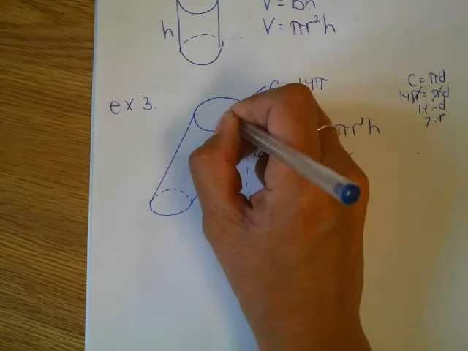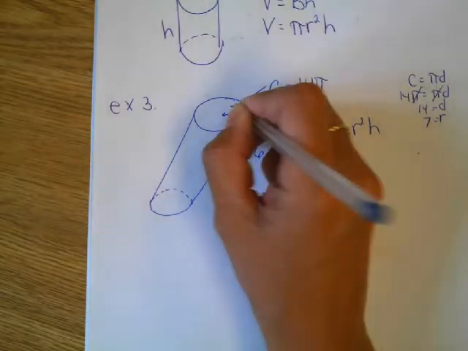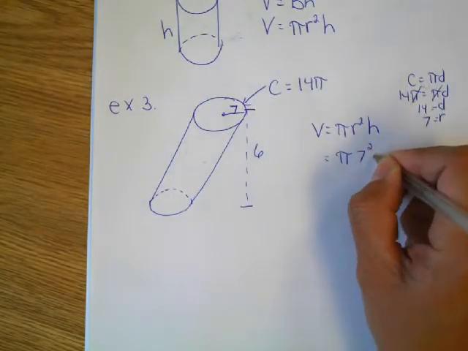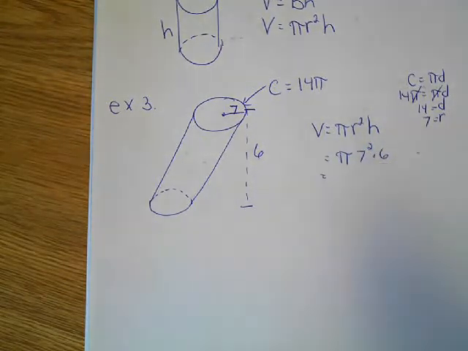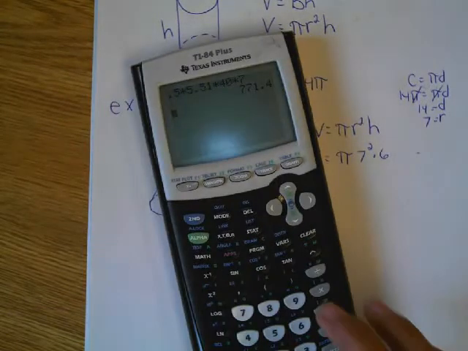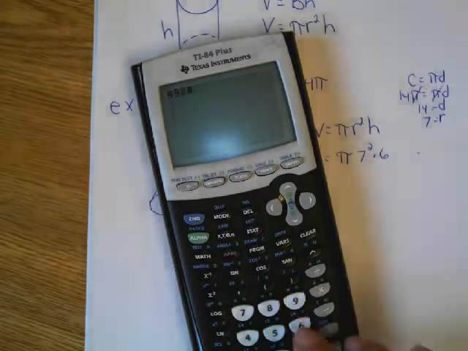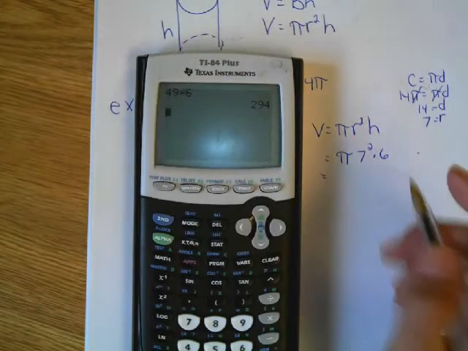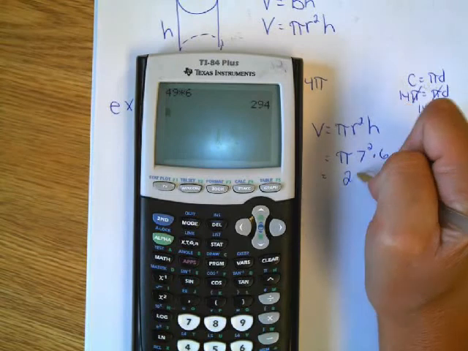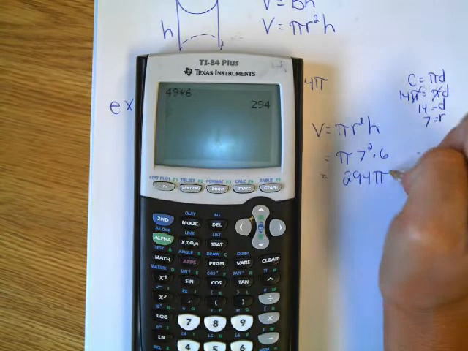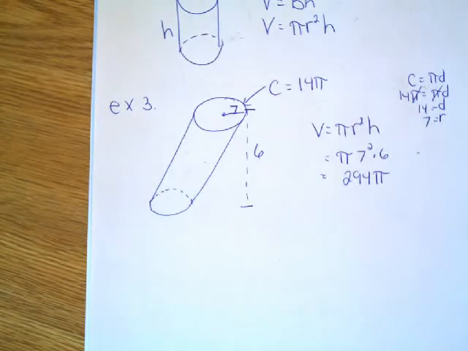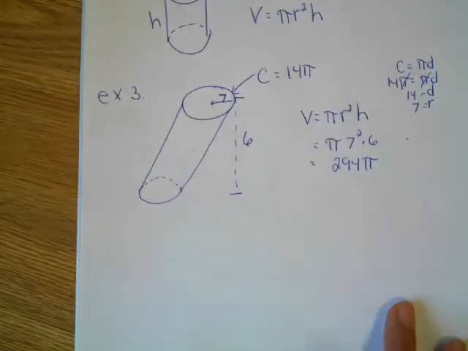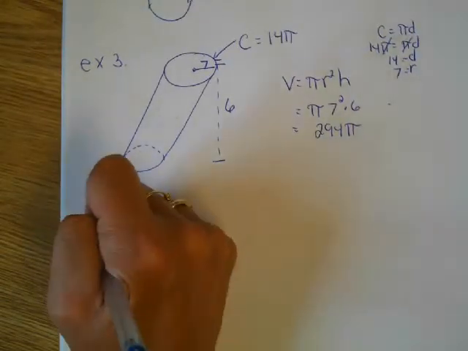Pi, so my radius is 7. Height is 6. So 49 times 6. You can multiply the pi in. I'm not going to. I'm just going to carry it along. 294 pi. Try another tricky one.